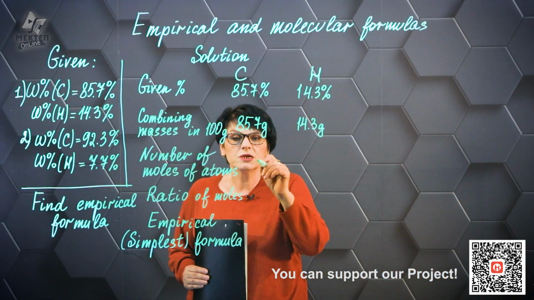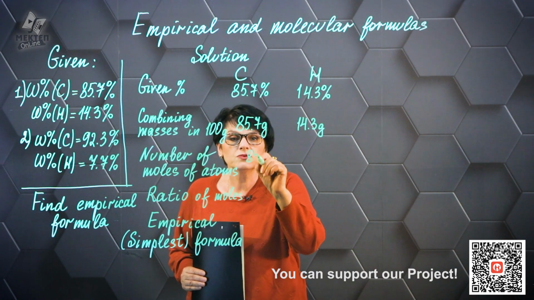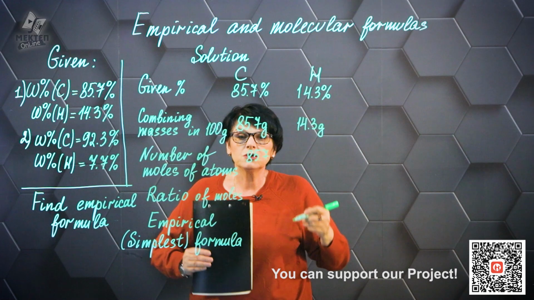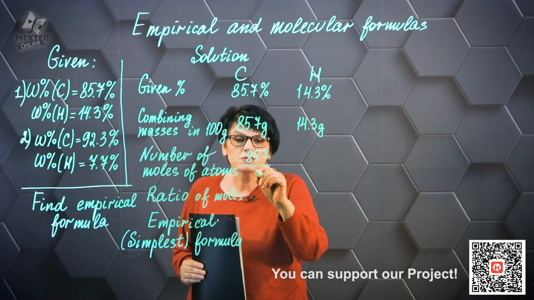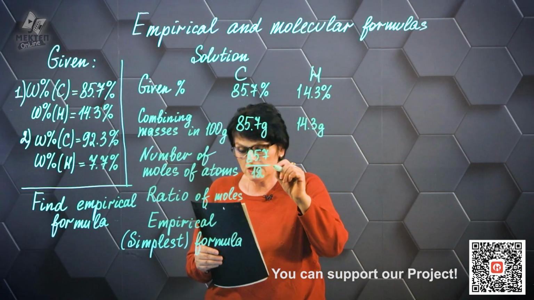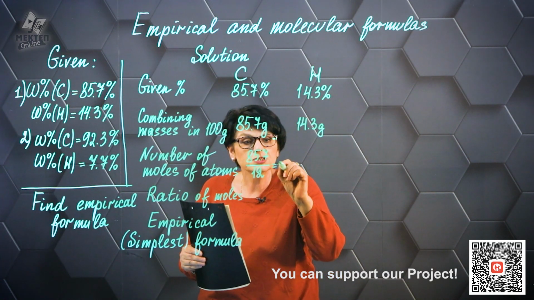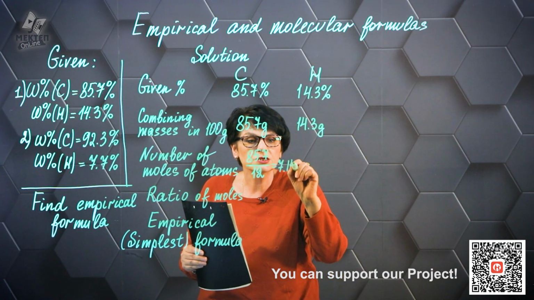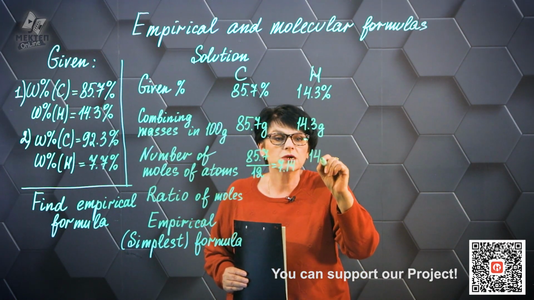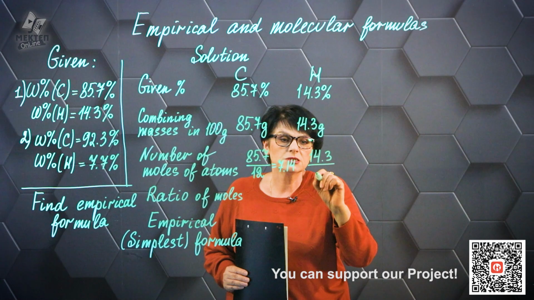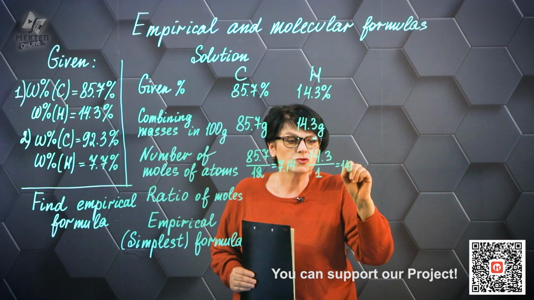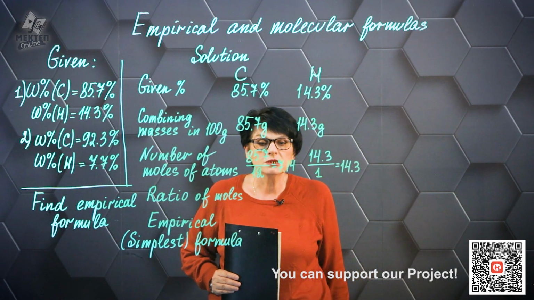To do this, we divide mass by molar mass. For carbon, we divide 85.7 by 12, and this result will be 7.14. For hydrogen, it will be 14.3 divided by 1, and the result will naturally be 14.3.